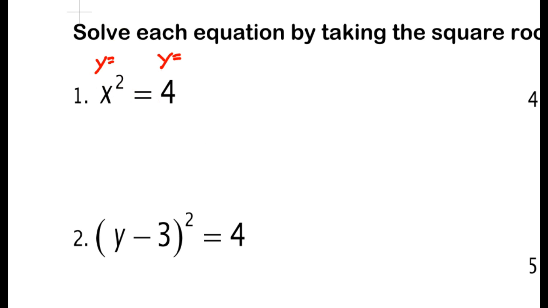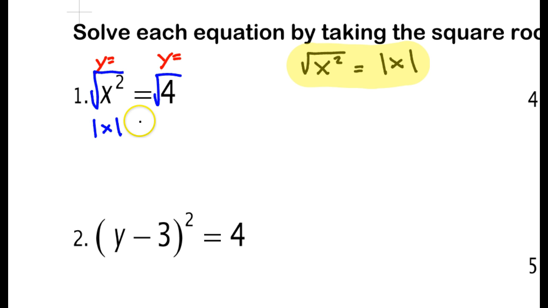And the big idea for all of this that you want to retain is that the square root of x squared is equal to the absolute value of x. So when you take the square root of both sides, like right here, you get the absolute value of x equals the square root of 4, which is 2, and you break it up into two parts.